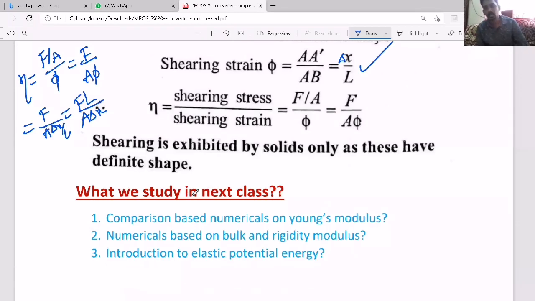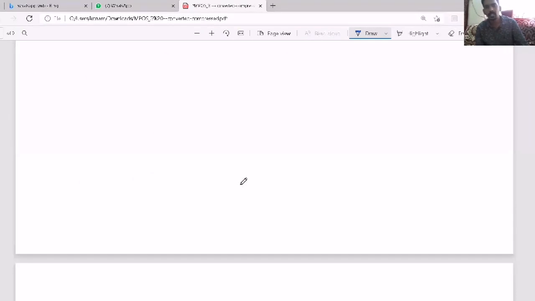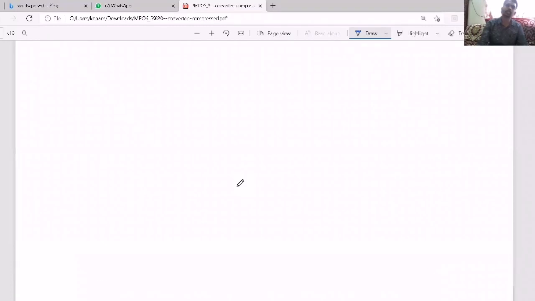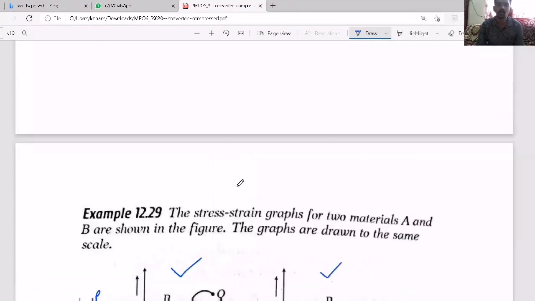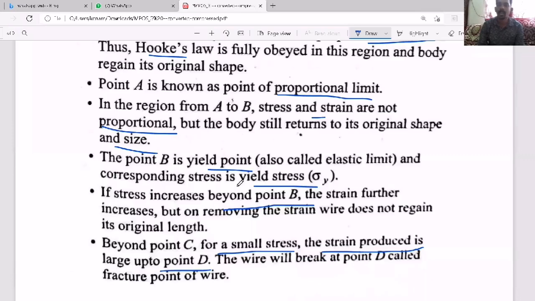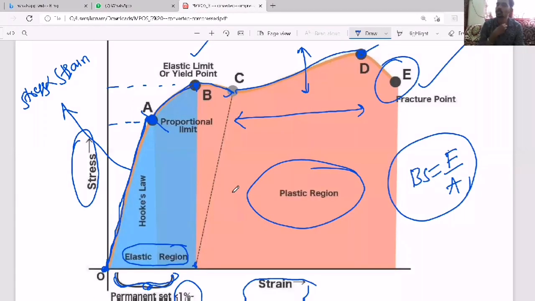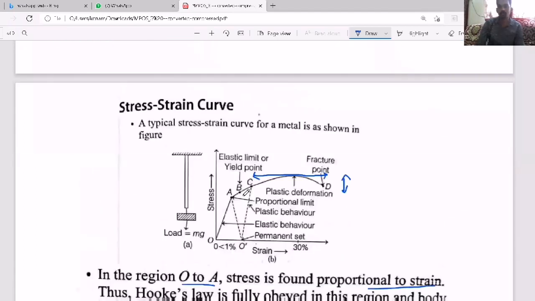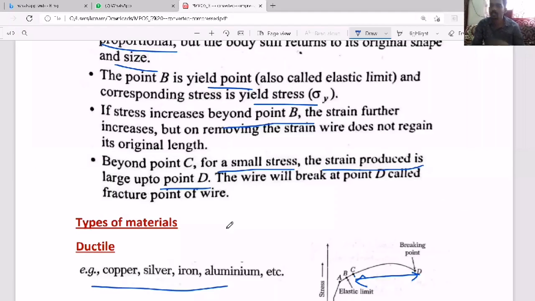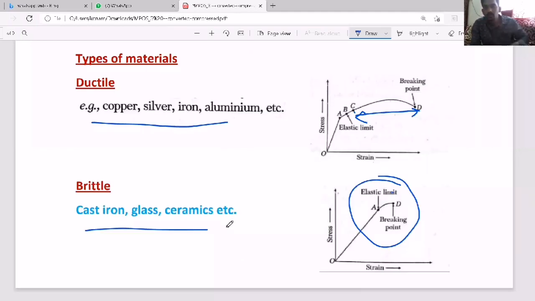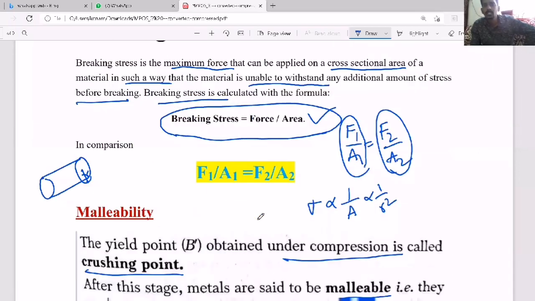Now, if you look at what we have studied today, it's all about the stress strain curve, how it looks for a solid body. As you keep on increasing the stress, the strain also changes, and how it changes, and what points we need to remember, and what kind of materials there are, and on what basis we divided them into ductile and brittle.